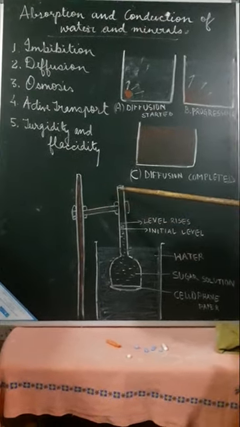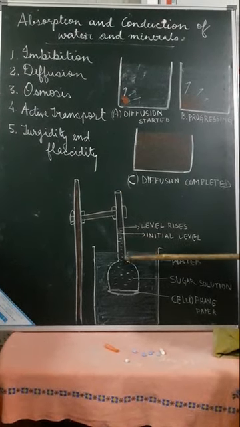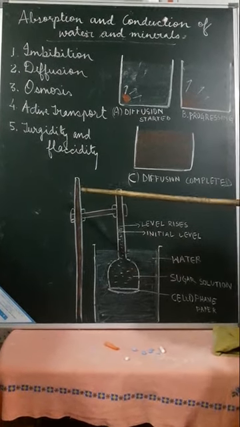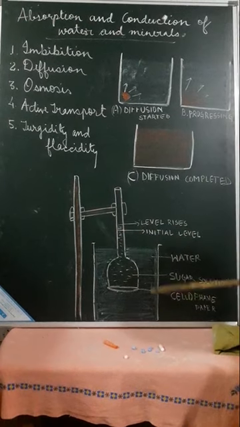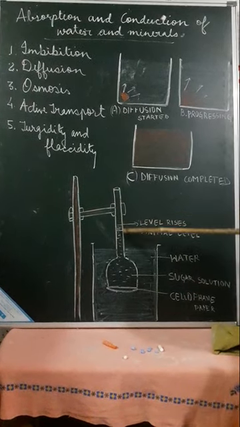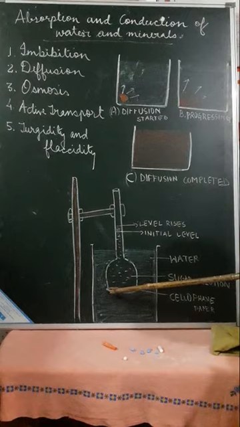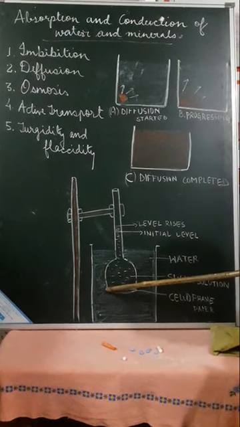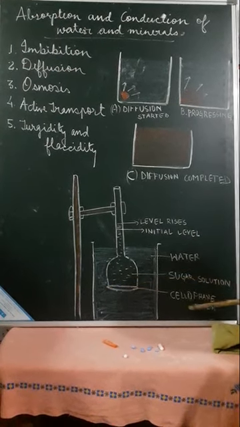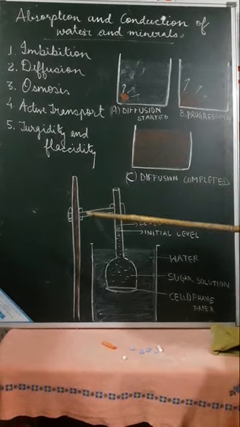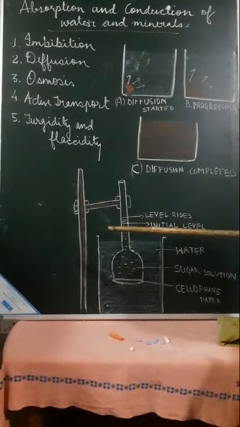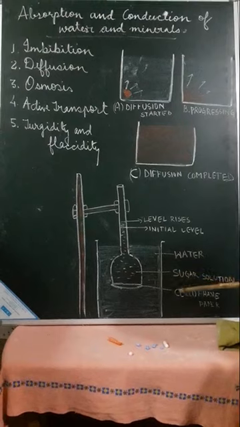We have taken a thistle funnel. This is the thistle funnel and a beaker containing water. The mouth of the thistle funnel is tied with cellophane paper, which acts like a cell membrane or semi-permeable membrane.